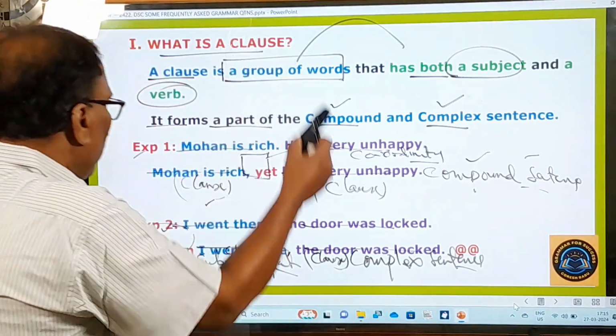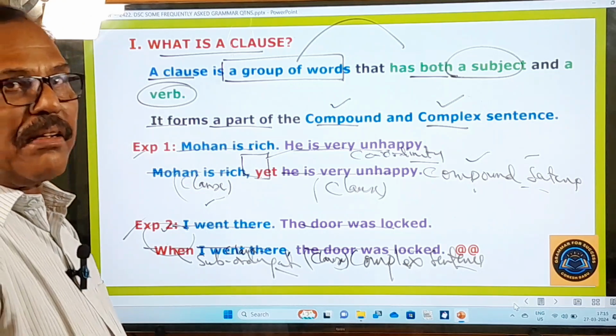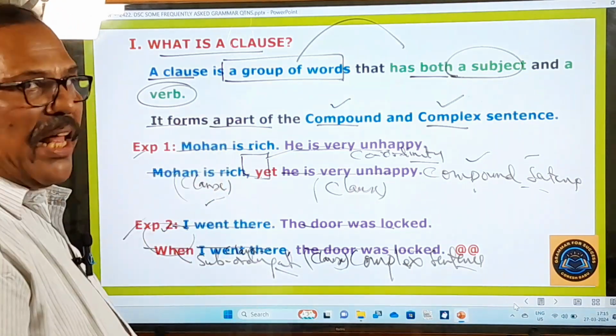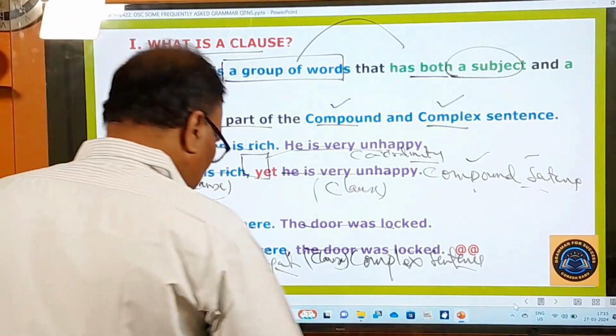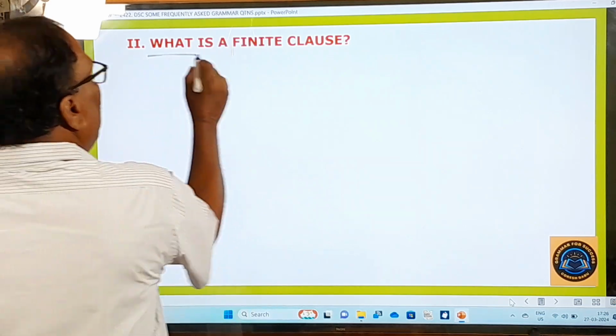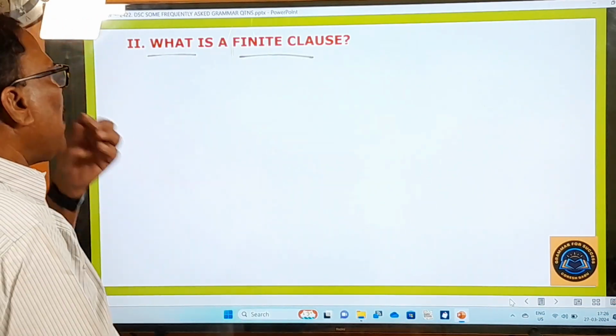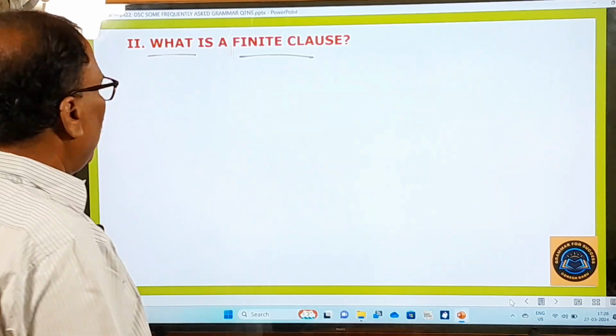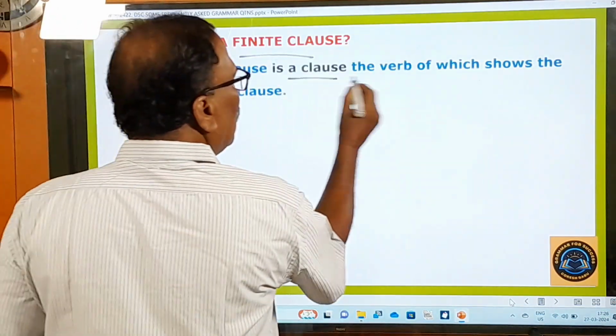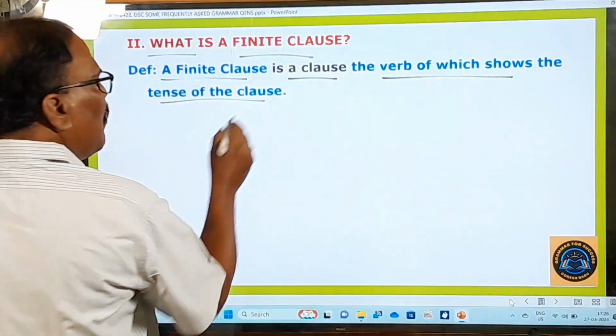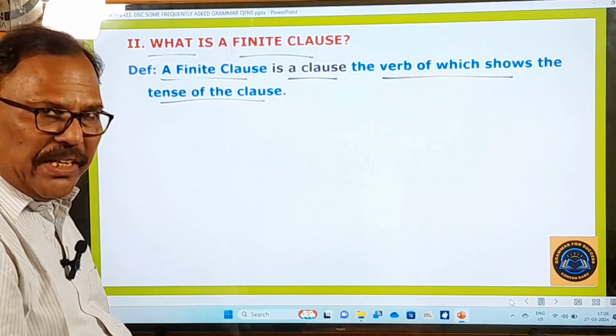So I hope you have understood what a clause is from this slide, and let's move on to learn other important things. What is a finite clause? Let us learn about this finite clause. A finite clause is a clause, the verb of which shows the tense of the clause. That is very simple and very easy.